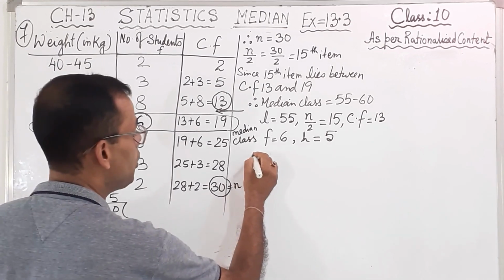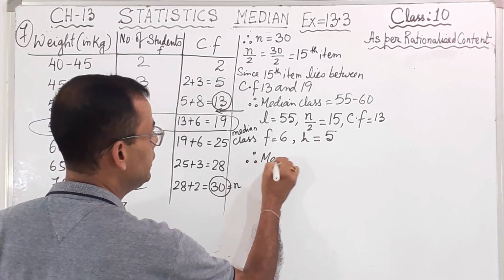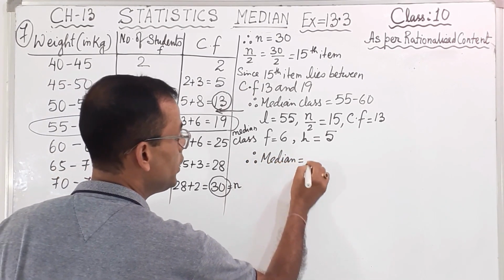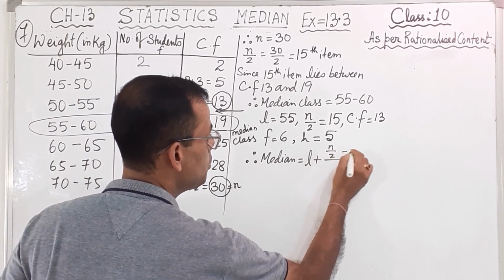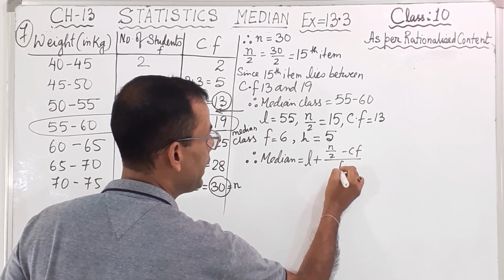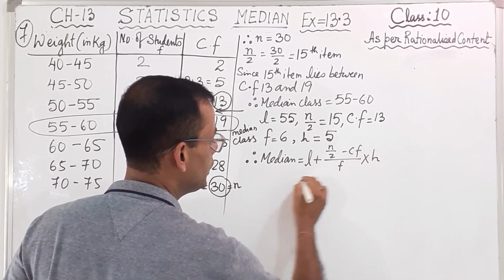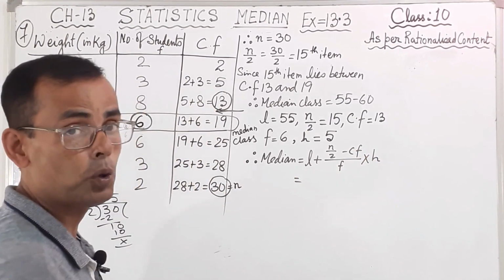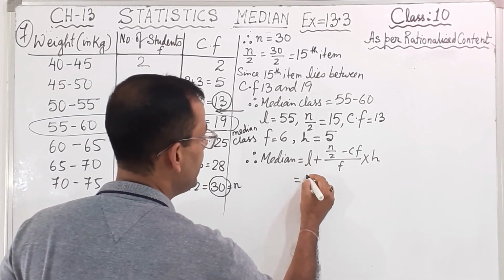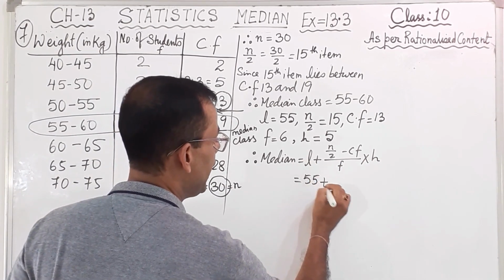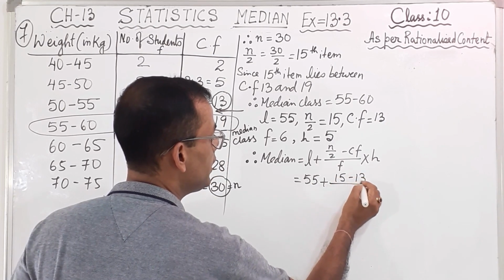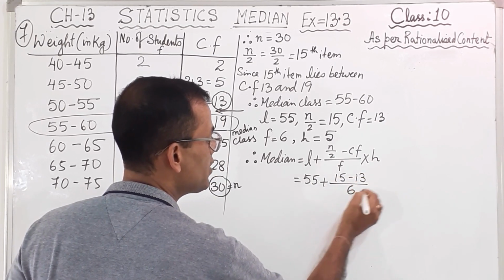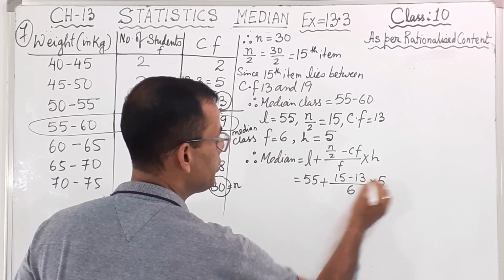Now I will put the formula. Therefore, median equals L plus n by 2 minus CF by F into H. I will now put the values. L is 55 plus, we will draw a line, n by 2 is 15 minus 13 by downside 6 into 5.